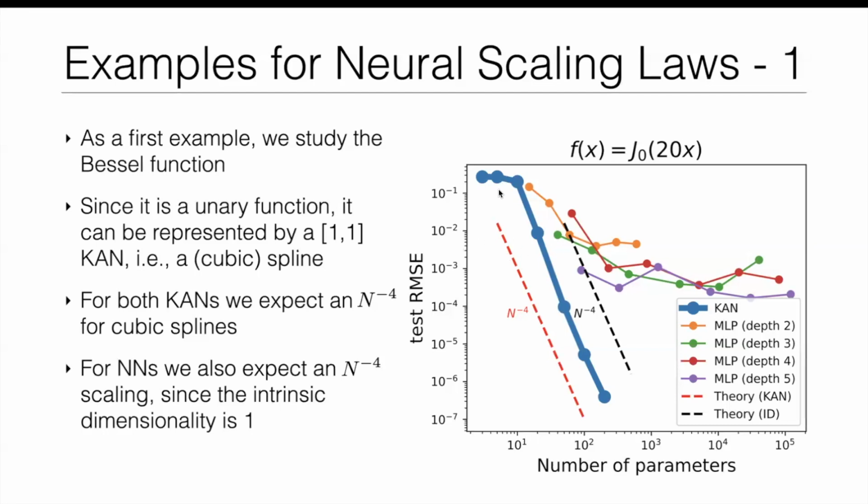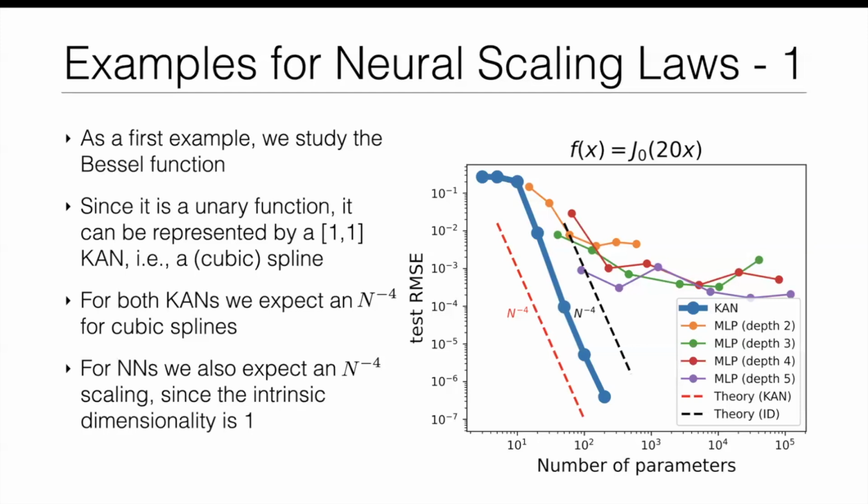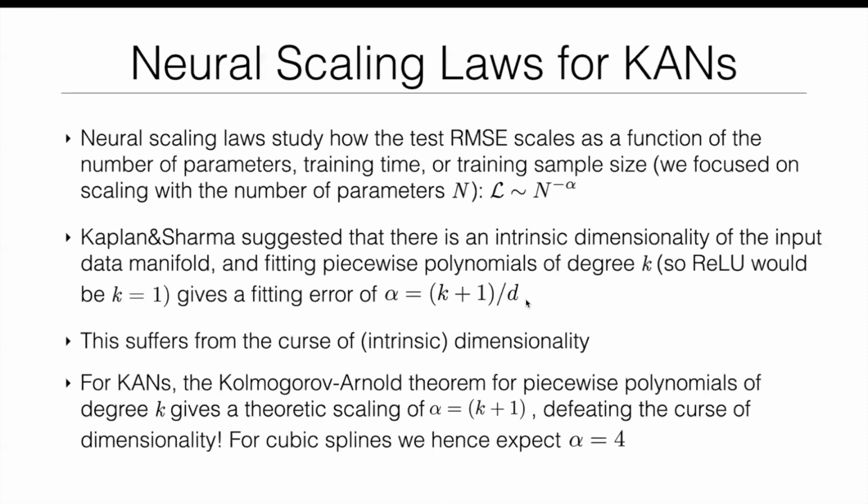If we now train the KAN and compare it to several MLPs, the theoretical scaling for the KAN would be n to the minus 4 if we use cubic splines, because that's k plus 1. The theoretical scaling for the neural network, according to Kaplan and Chalmers, is also n to the minus 4, because the intrinsic dimensionality in this case is just 1.